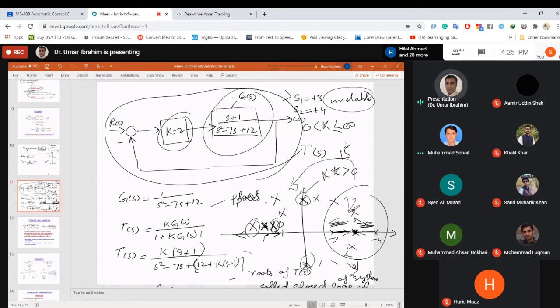Okay? For a plant system, we do not need Routh stability criteria, because all we have to do is find the poles of the characteristic polynomial.